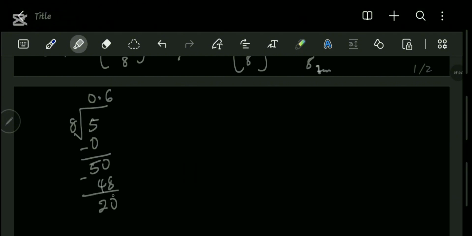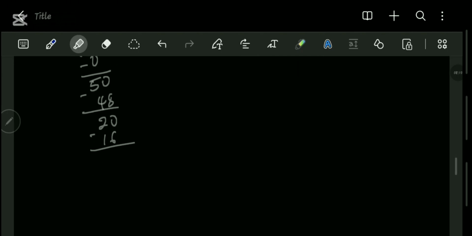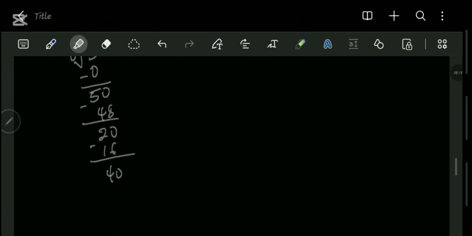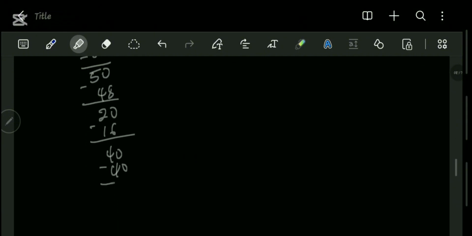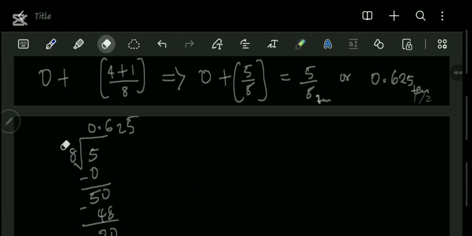Keep adding 0. And 8 there is 2. 2 times 8 is 16. When you subtract, you have 4. Add 0. And that's giving you 5. So when you multiply, you have 40. And when you subtract, you have 0. So it means this is your answer, or you have 0.625 in base 10. Are you getting the concept now?